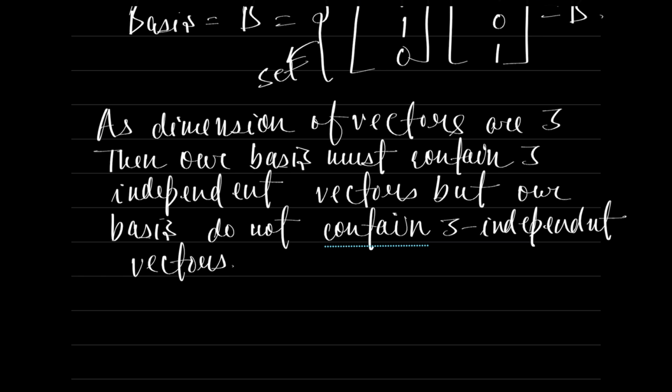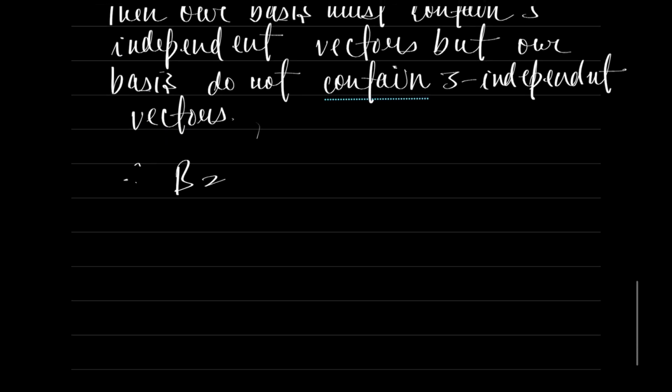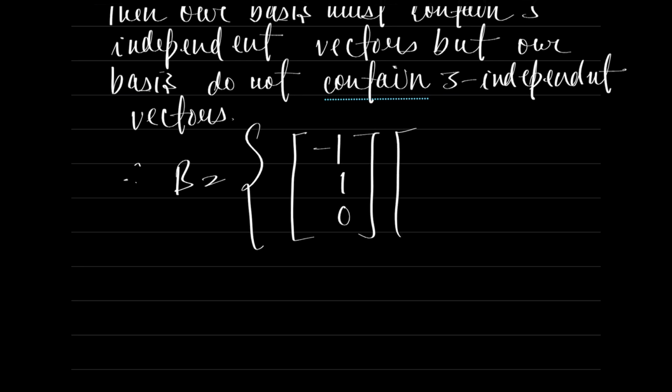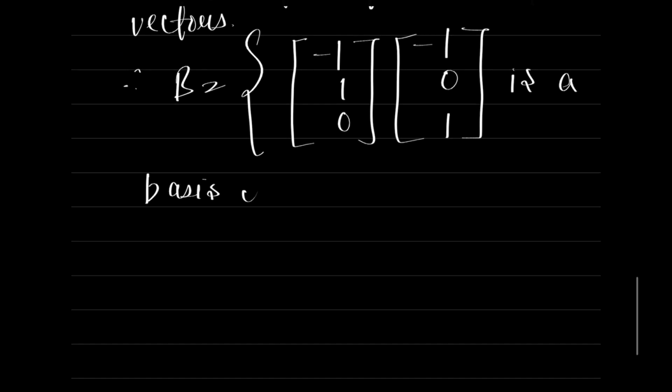That's why we can write B is a basis for a subspace of the vector space R power 3. B equals, our vectors are (-1, 1, 0) and (-1, 0, 1), is a basis for a subspace of R power 3.